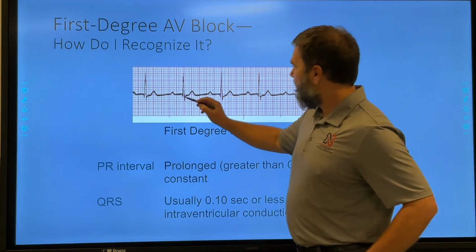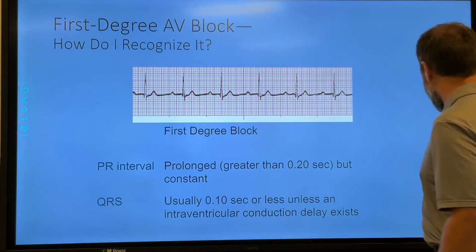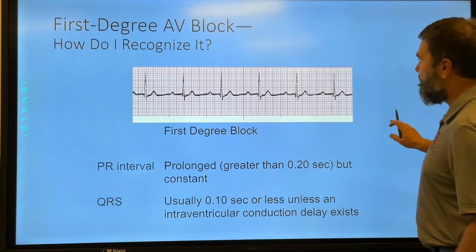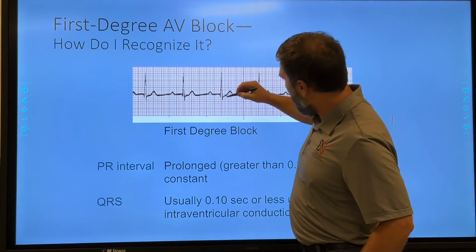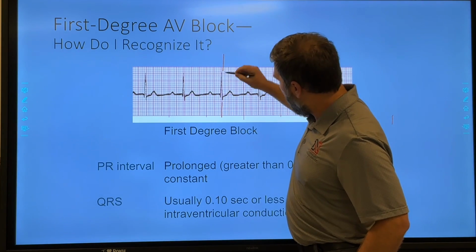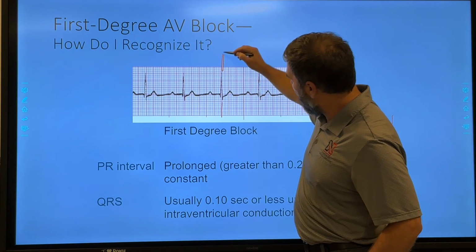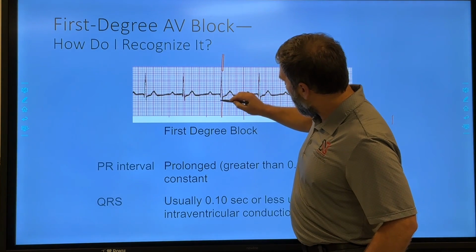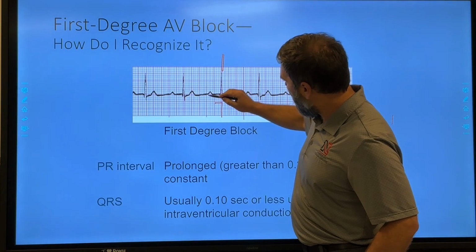Here we have what I was trying to mention. If your QRS complexes line up with a darker line, notice this QRS complex lines up pretty much perfectly with that. Here's 0.20 seconds right there. Here's the beginning of our P wave.